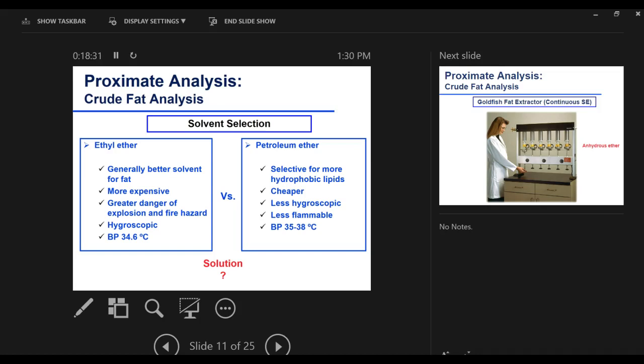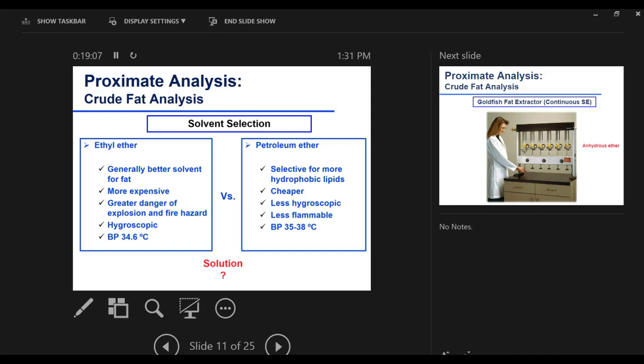Ethyl ether can be saturated with moisture, whereas petroleum ether not as much. So if you have a high moisture food, that can get problematic when you're using ethyl ether. It can get saturated with moisture, and it can hinder the solubilization of fat. One is more flammable than the other, and they both have very low boiling points, 34 to 38 degrees C. So what's the solution?